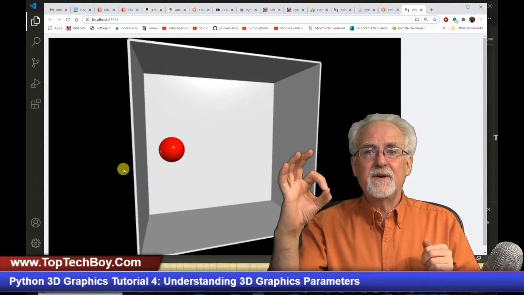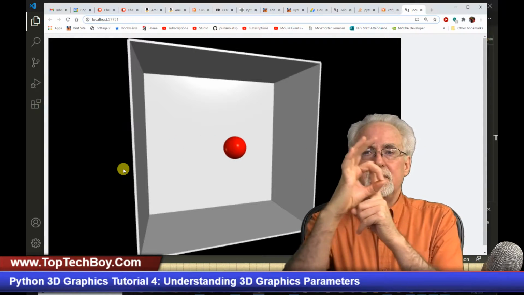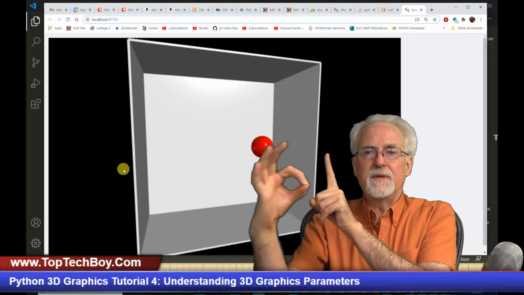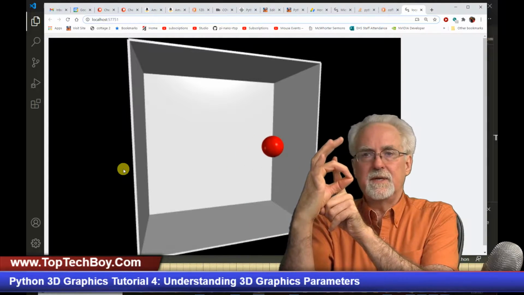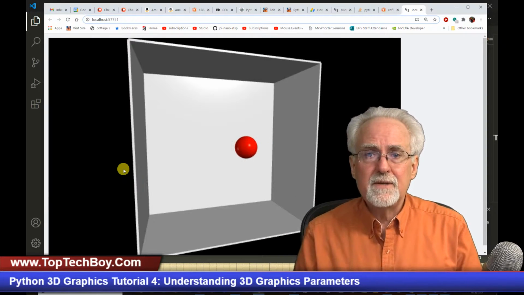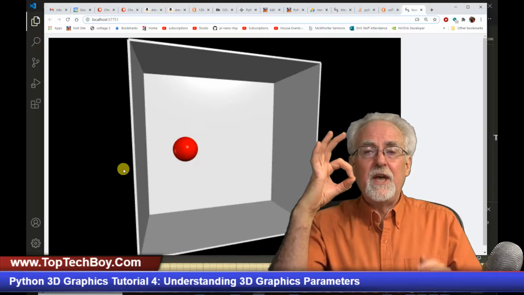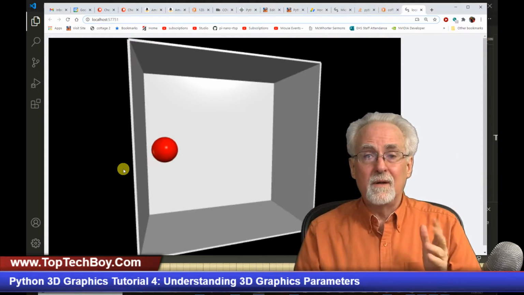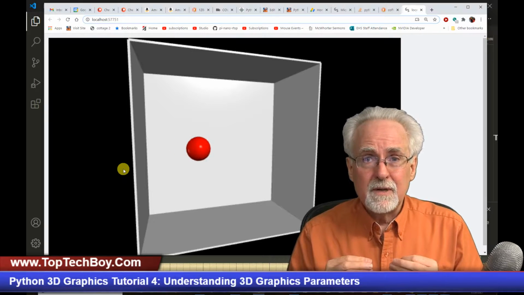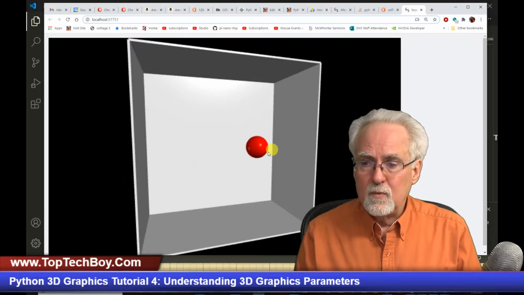When the center of the marble got to the center of the wall, that's when the bounce occurred. But in fact, what do you want? You want to bounce when the edge of the marble hits the edge of the wall. So our parameter model is correct, but we just need to change the condition at which we bounce.